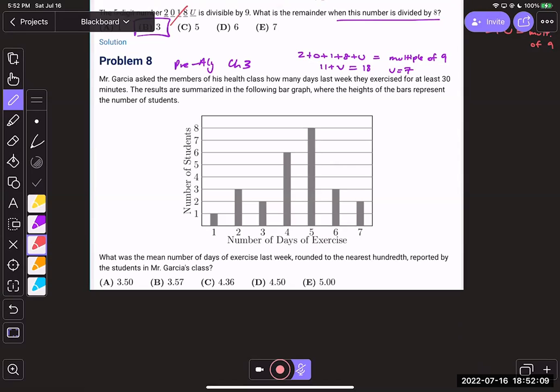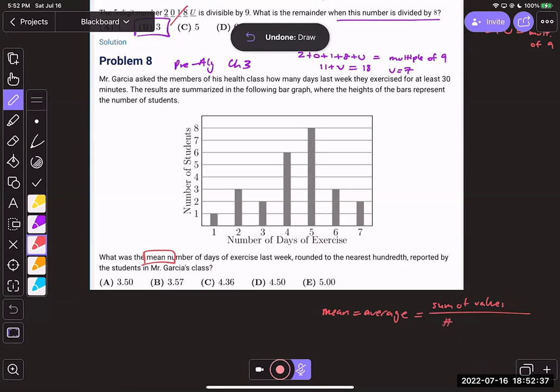Okay, so that's the definition of mean, right? Can you give me what that definition is actually? So mean is the same thing as average, which is the same thing as? The sum of all the values divided by the number of the values. Yeah, sum of all values divided by number of values, right?